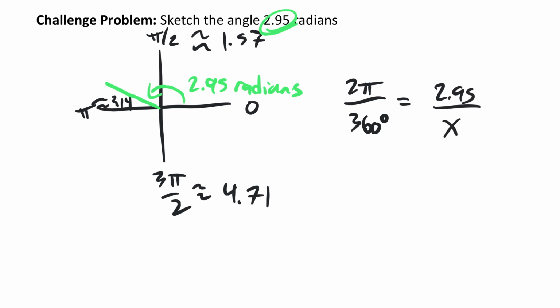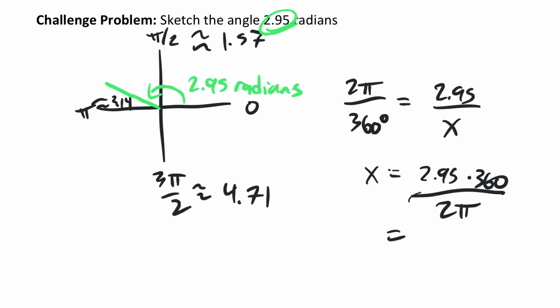We cross multiply to get x equals 2.95 times 360 divided by 2 pi. Now we grab a calculator, and that gives us 169.02 degrees, which looks close to 180, just a little bit before, which is what we drew on the XY axis there.